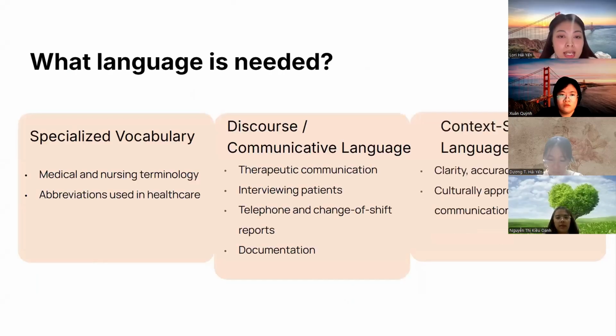Next, to answer the question, what language is needed? In this ESP context, the language needed is much broader than grammar alone. It can be divided into three main areas. First, students need specialized vocabulary, especially medical and nursing terminology, as well as abbreviations used in healthcare.